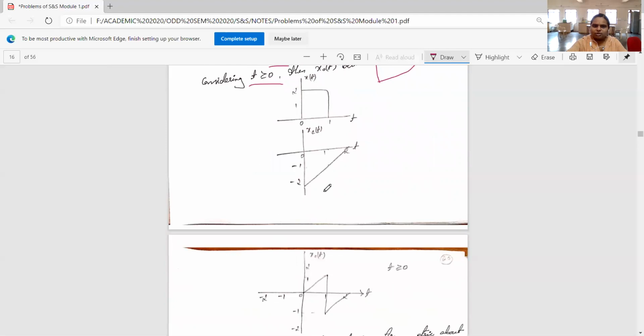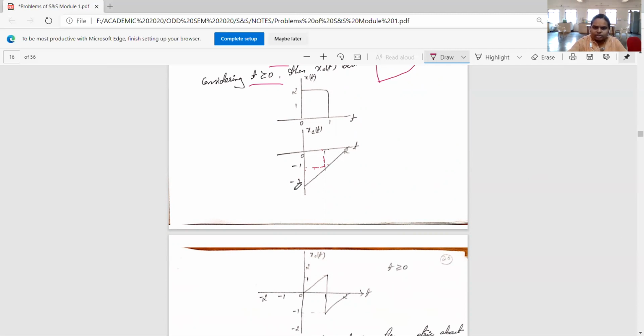When I add these two signals, first you observe here from 0 to 1. Here the amplitude is 2, and if I just draw dotted lines, this is how the structure is going from minus 1 to minus 1.